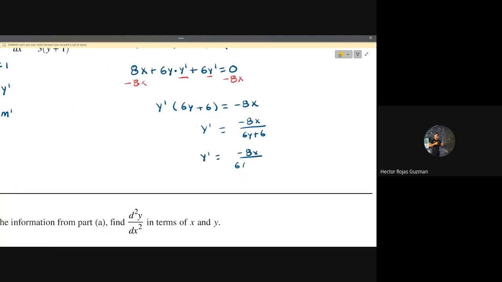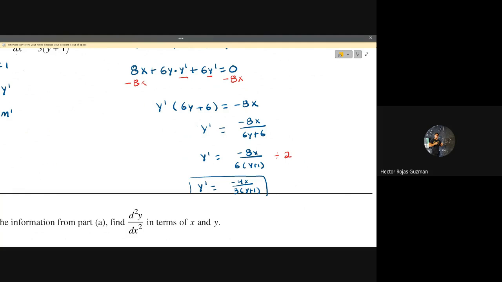The denominator is going to be 6 times y plus 1. That is going to allow me to reduce the fraction by 2. So my derivative becomes negative 4x divided by 3y plus 1.